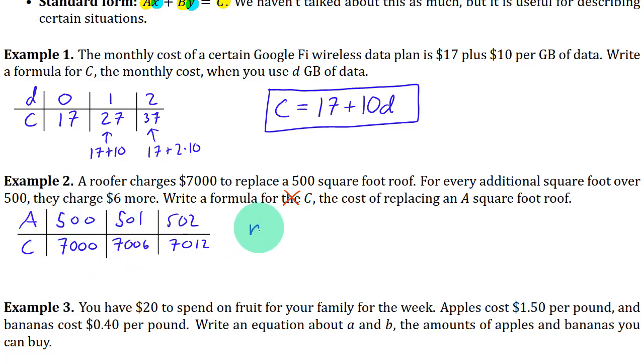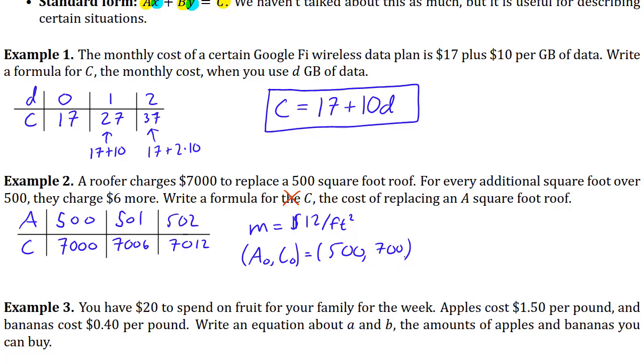That's the slope. So it's $6 per square foot. And we also know a particular point, like the A0, C0 here, which is 500, 7,000.